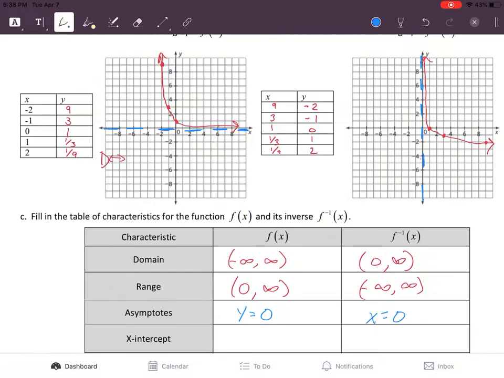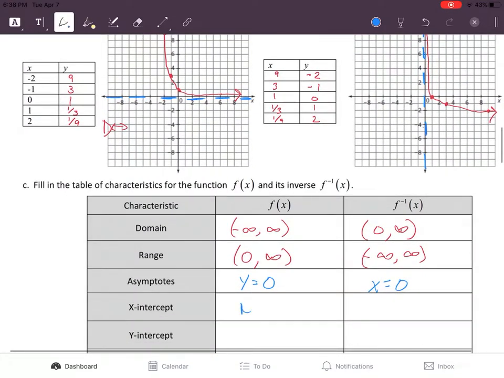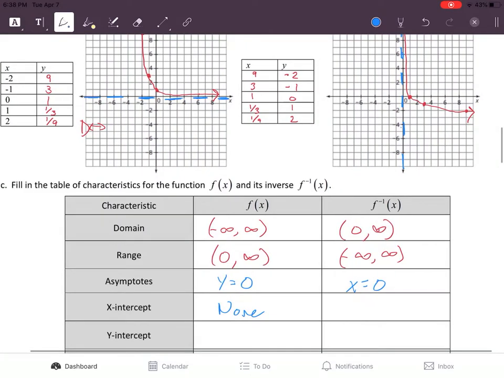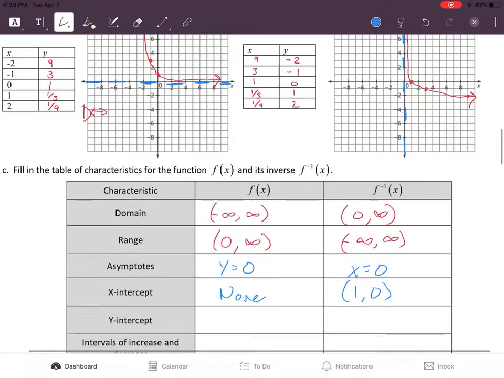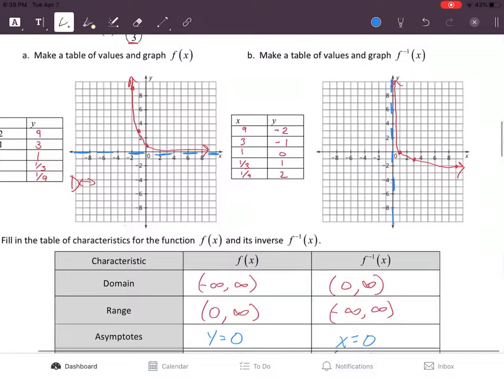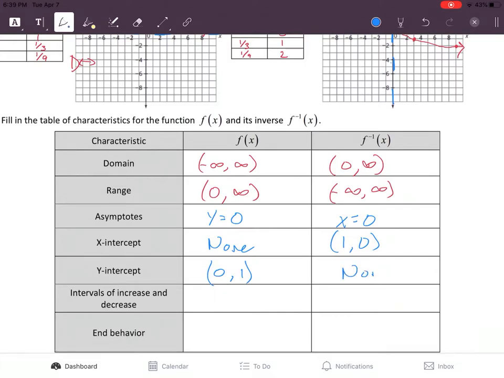X-intercepts. Since the f of x function does not cross the x-axis, there is no x-intercept. However, the inverse function crosses at 1, 0. For the y-intercept, the f of x function crosses the y-axis at 0, 1. And the inverse function doesn't cross the y-axis at all, so it's going to have none.